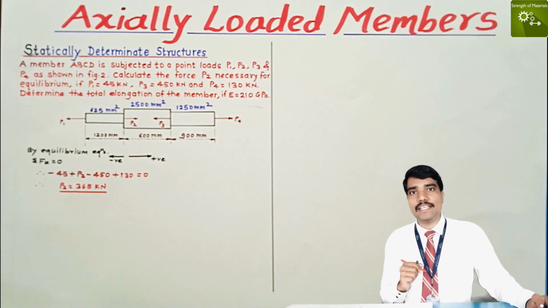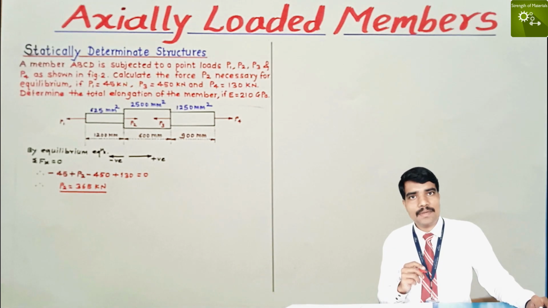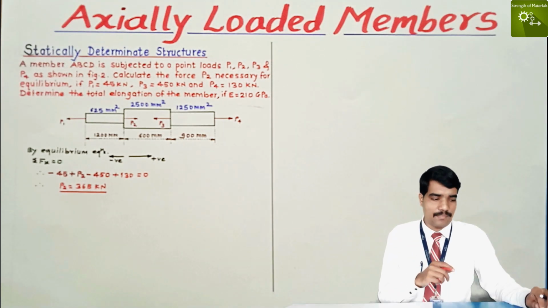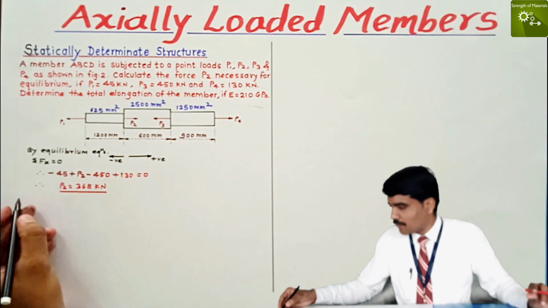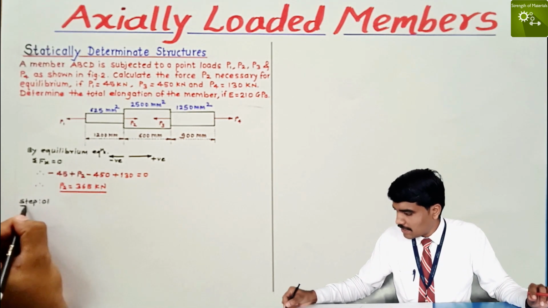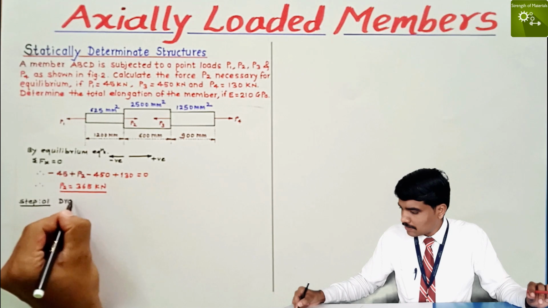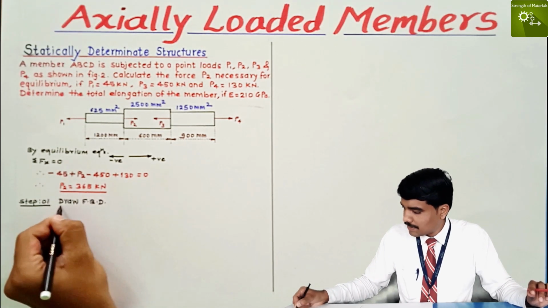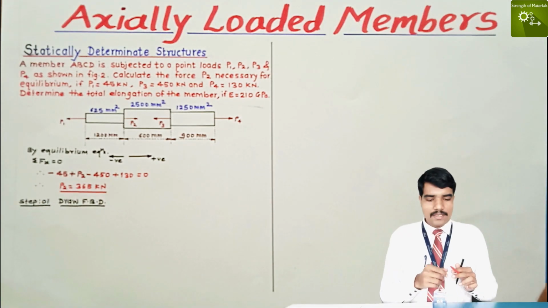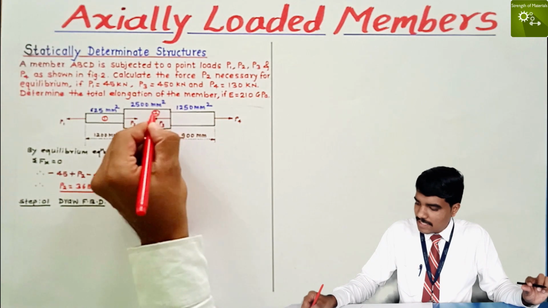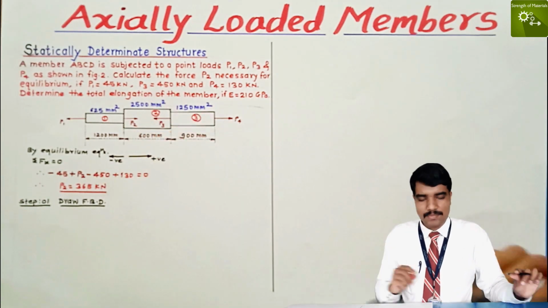So our step 1 is draw free body diagram and apply static equilibrium conditions and find out the internal forces in each member. Consider this is the first member, this is the second member and this is the third member.